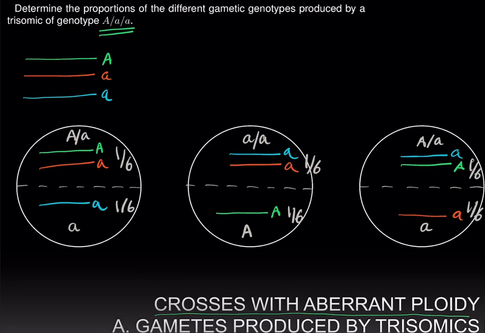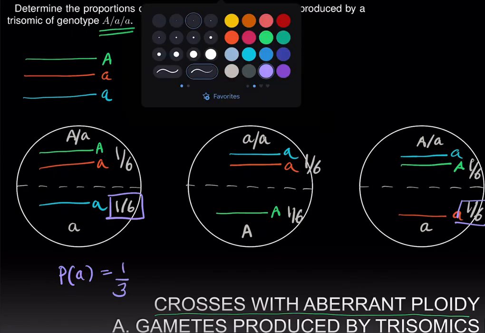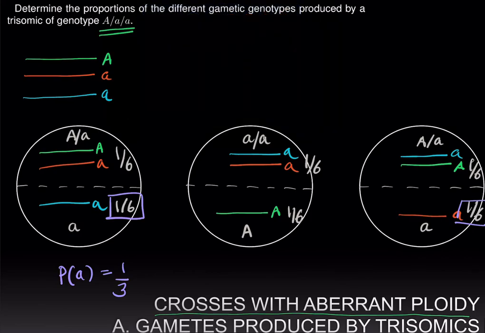And we can say the probability of having a haploid gamete of genotype little a is 1/6 plus 1/6 or 1/3, and the probability of having a haploid big A gamete is just 1/6.